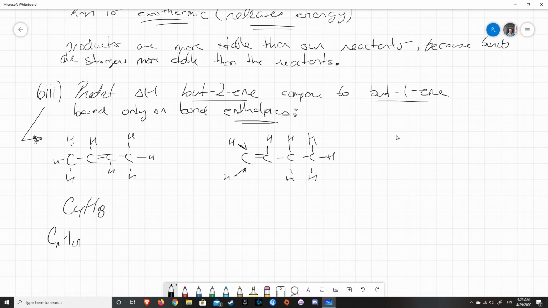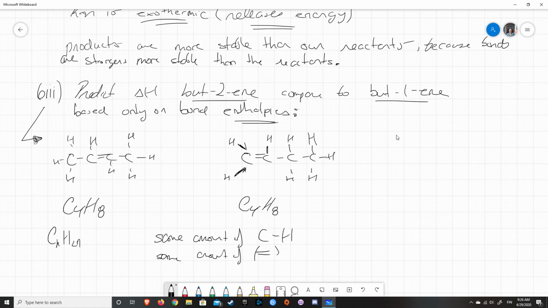And this one will be exactly the same, C4H8. If we look at all of the bonds, we've got carbon-hydrogen bonds, and we've got the same amount of carbon-hydrogen bonds, and the same amount of double bonds.